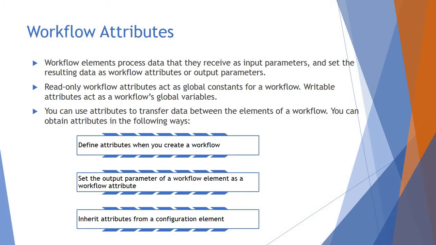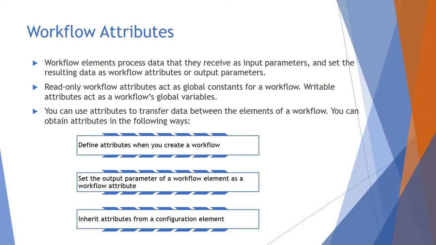Workflow attributes. Workflow elements process data that they receive as input parameters and set the resulting data as workflow attributes or output parameters. Read-only workflow attributes act as global constants for a workflow. Writable attributes act as the workflow's global variables.